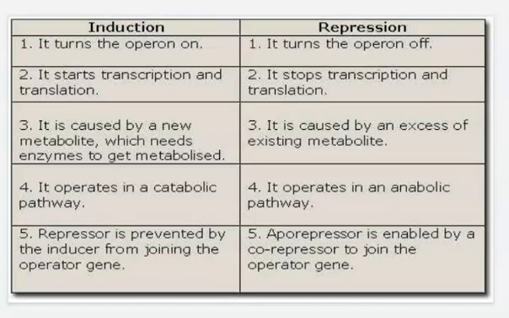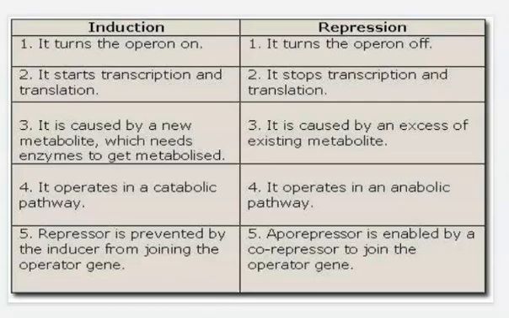Induction is caused by a new metabolite which needs enzymes to get metabolized, and repression is caused by an excess of existing metabolite. Induction operates in a catabolic pathway, and repression operates in an anabolic pathway.